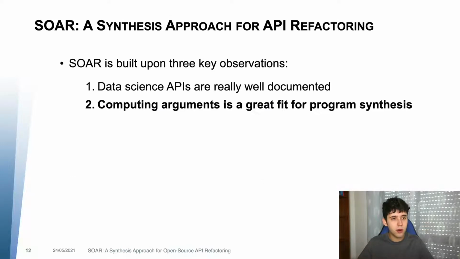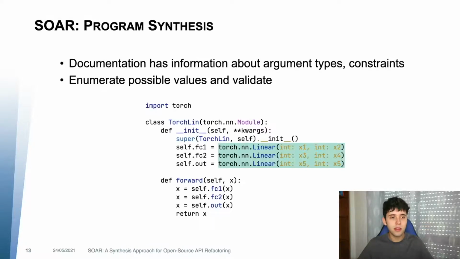This leads us to our second key observation, which is that computing the arguments is a great fit for program synthesis. So what we do in SOAR is extract information regarding the argument types and also constraints on those arguments from the documentation of the target library to enumerate possible values for each argument of the refactored APIs. We do this on a per API basis following a generate and test approach.